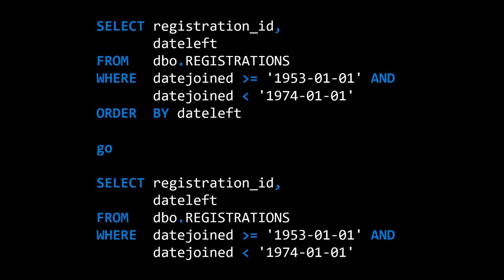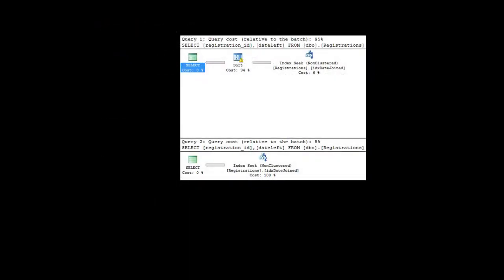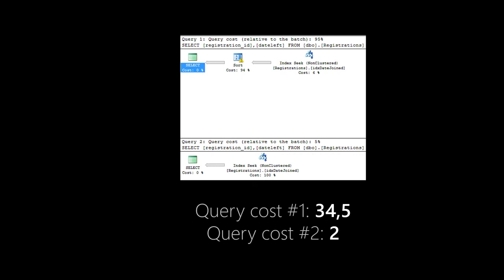So, having seen this a bit, order by, no order by, these are the different query plans that we have. So the order by costs 95%, and the one without the order by costs 5%. So we're looking at a query cost of 34.5 somethings and a query cost of 2. Now these 34.5 somethings, they are bananas or apples or small tractors.